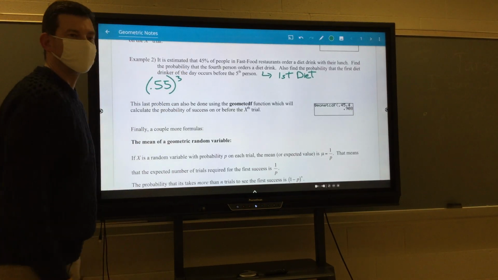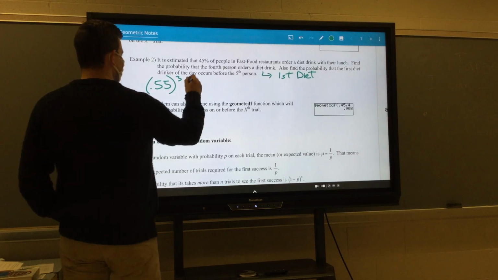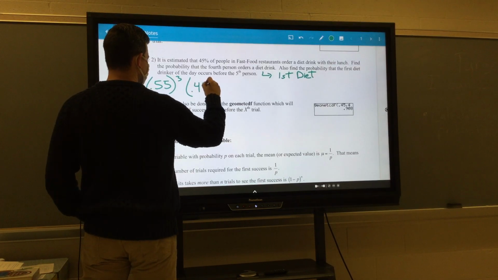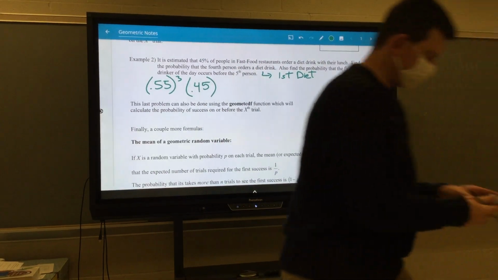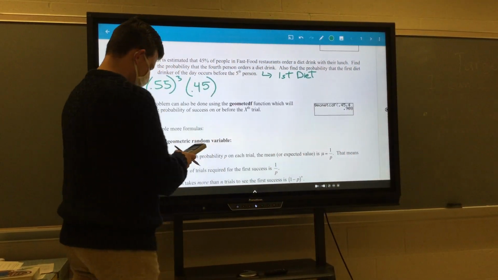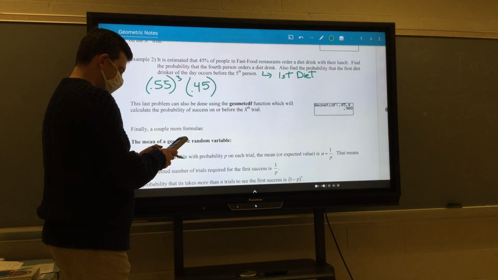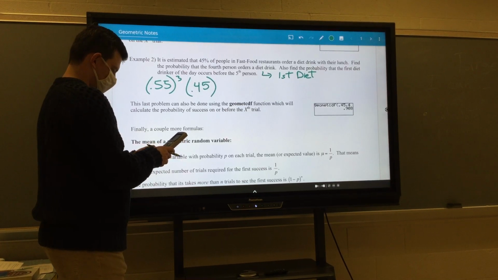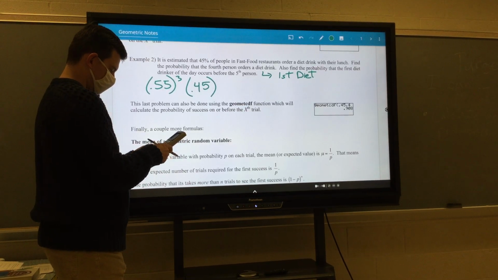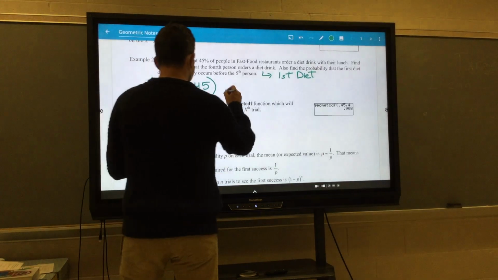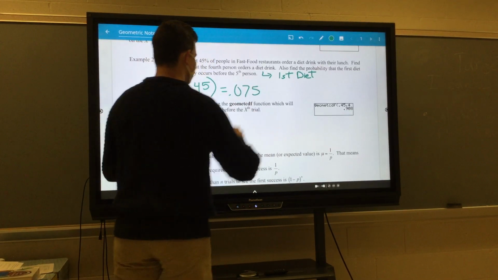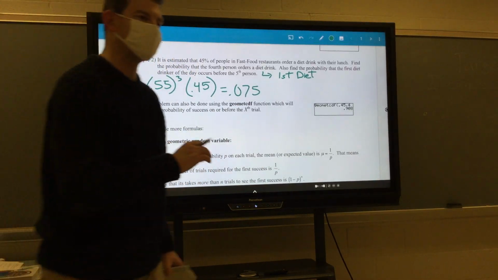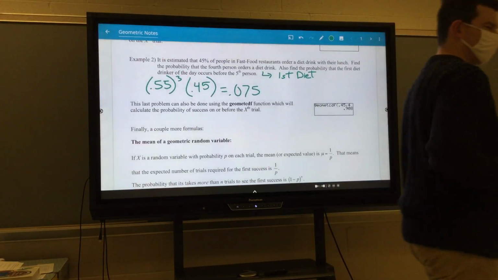So 0.55 to the 3rd power times that probability of success, 0.45. 0.55 cubed times 0.45, we're looking at about 7.5% chance that that first diet drinker of the day will be the 4th customer.